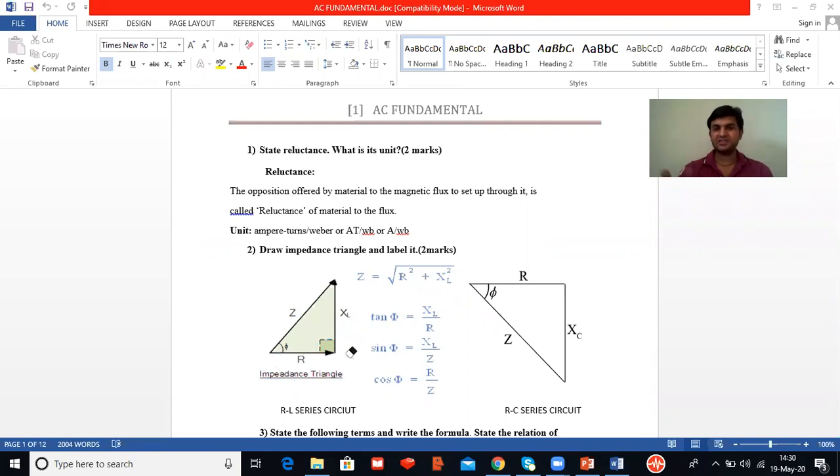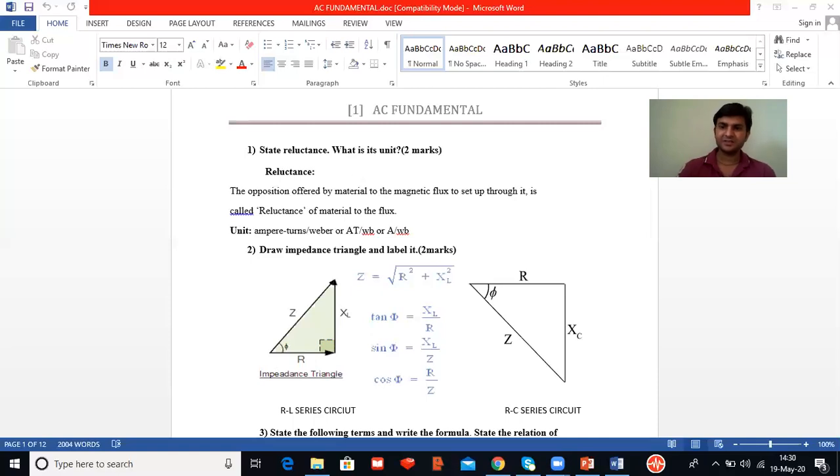The question is asked for 2 marks. You have to draw this diagram, and you have to give the definition. We have to draw this diagram.